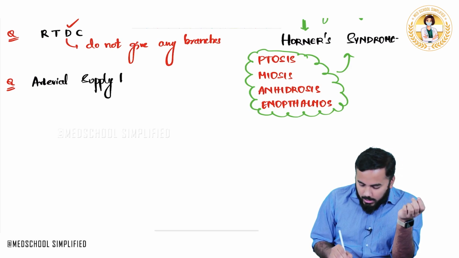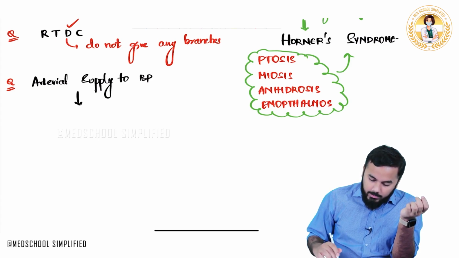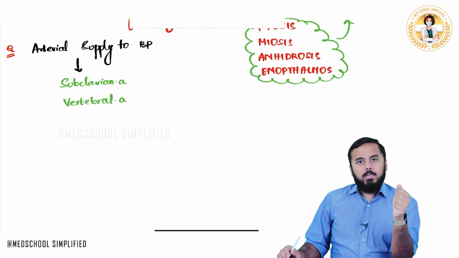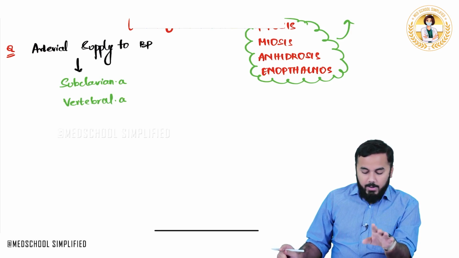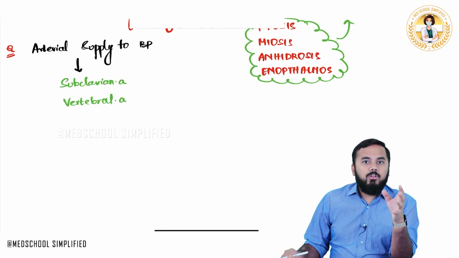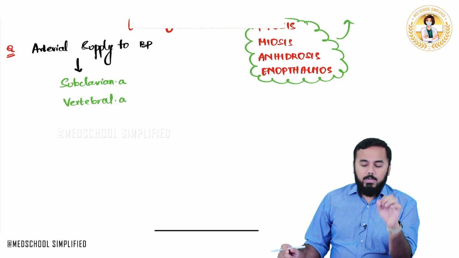This was also a question asked. And remember that the arterial supply to the brachial plexus is not from the carotid arteries. It is from the subclavian as well as the vertebral arteries.